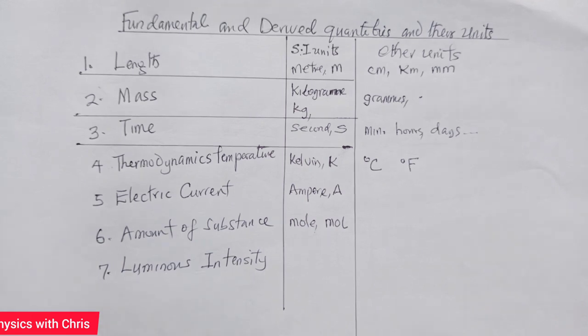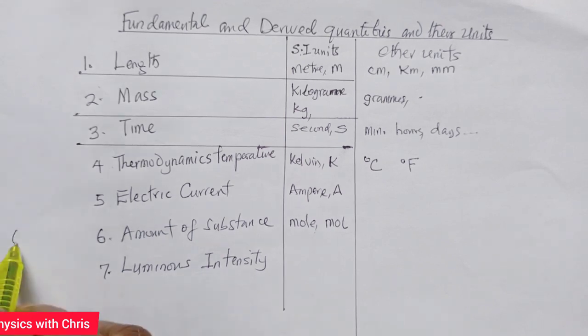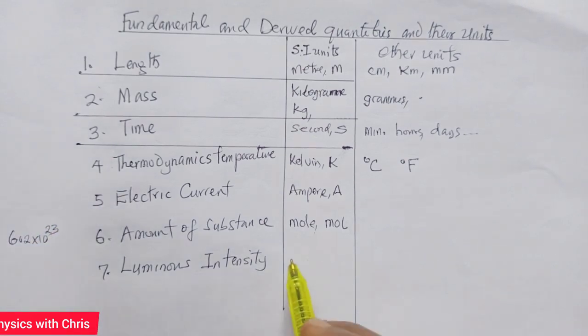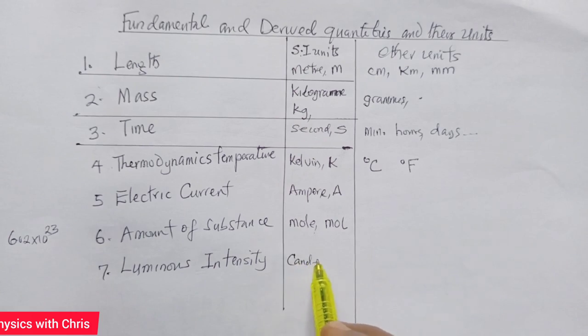A mole of a substance contains 6.02 times 10 to the power 23 particles or atoms. Then we have the luminous intensity, measured in this unit, candela, cd, the unit of measurement of luminous intensity. So these are the fundamental quantities and their respective units.